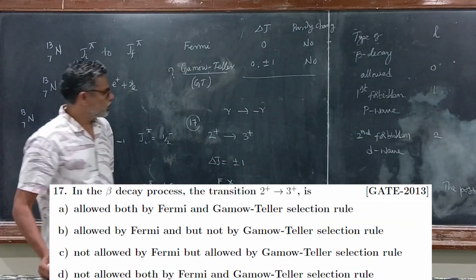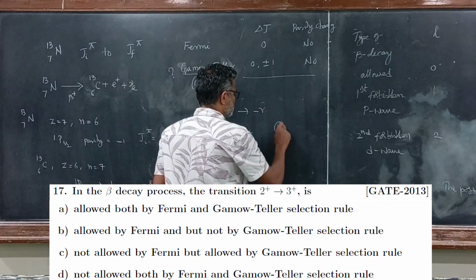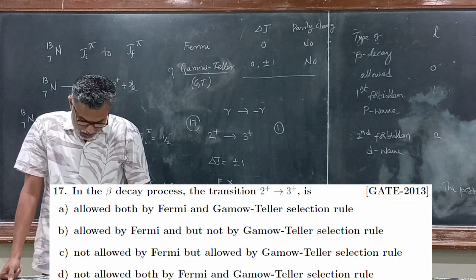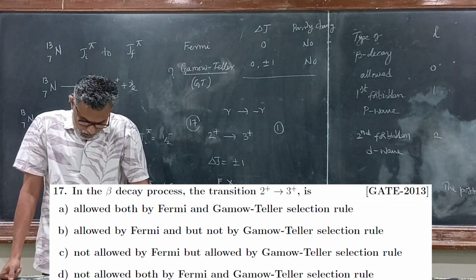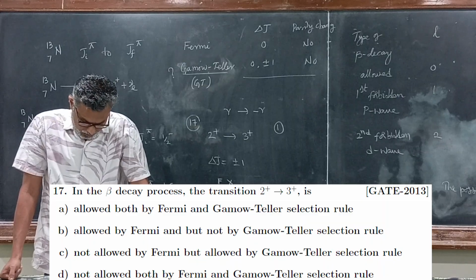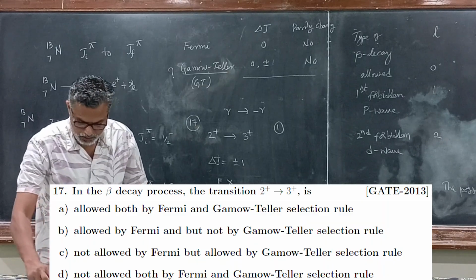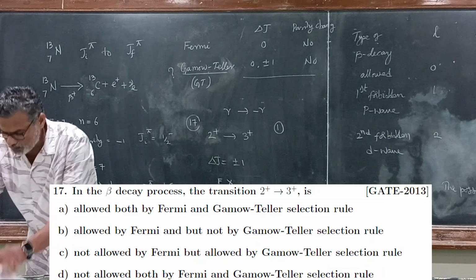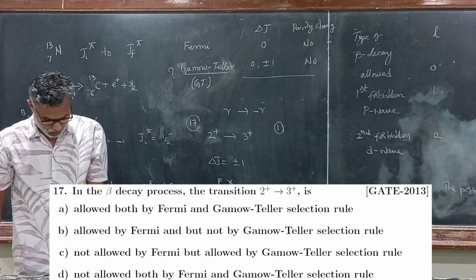So again, the problem number 1, there are 4 options. Let's say the basic process underlying the neutron beta decay. The very first question.